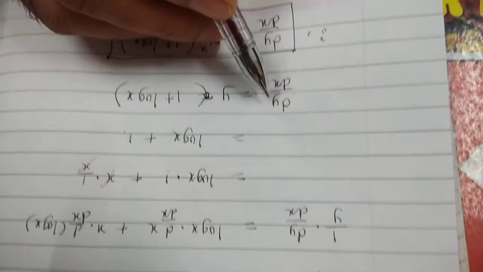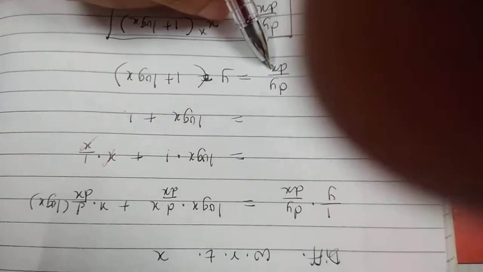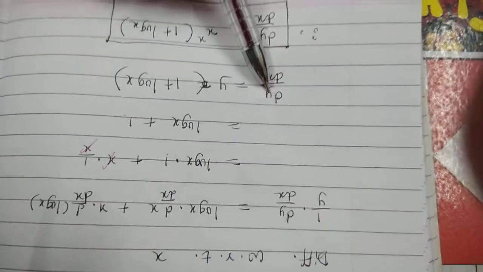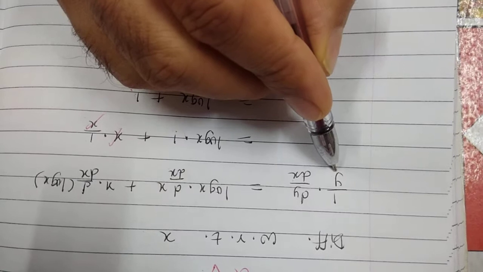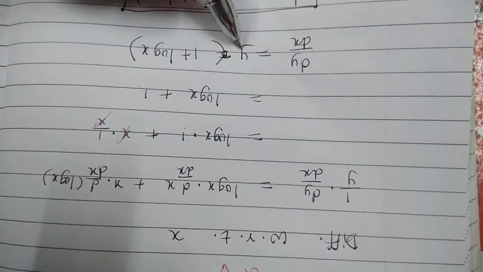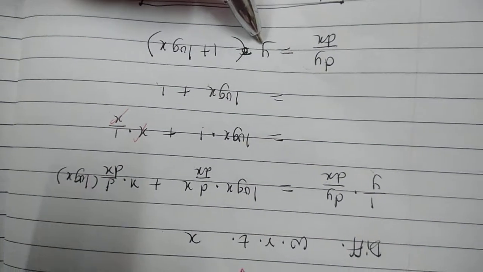So here now if you want to write only the dy by dx term on the left side, then we will write dy by dx equal to y. This y from the left side we will write on the right side in the numerator, y into 1 plus log x.